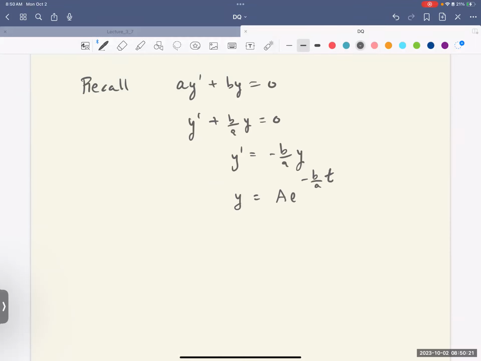And it turns out solving higher orders, for example, like a y double prime plus b y prime plus c y is equal to zero, works out similarly.